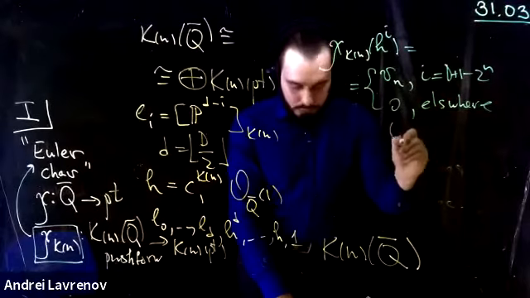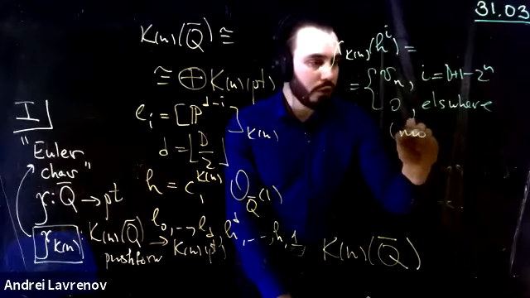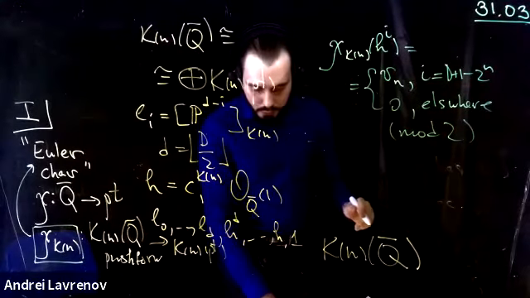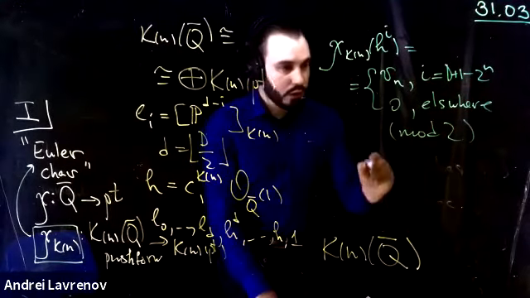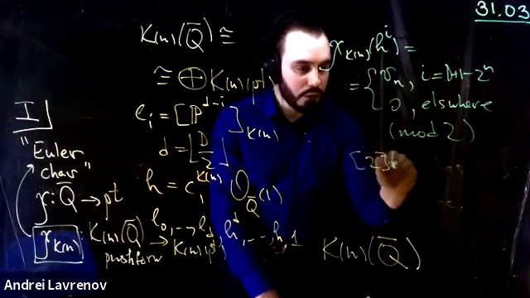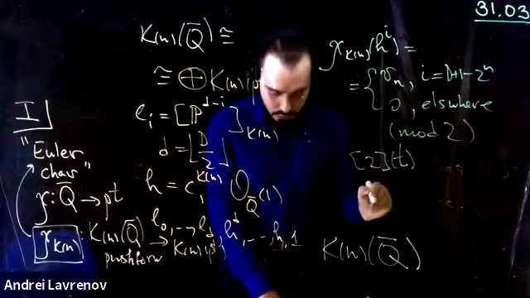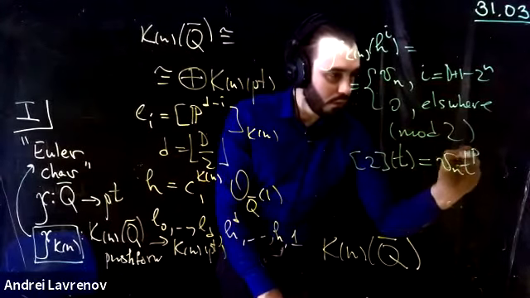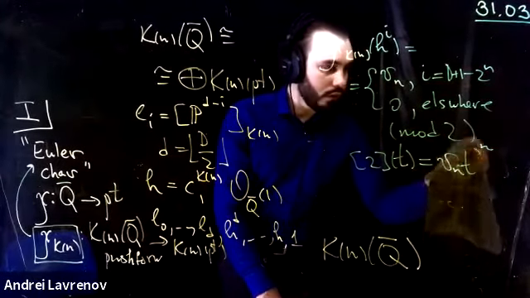So, I recall that here everything is modulo 2. And in fact, this formula is just that formula for 2^t.